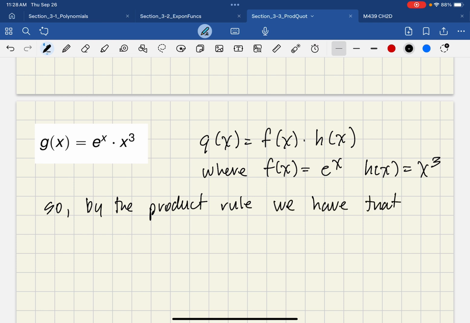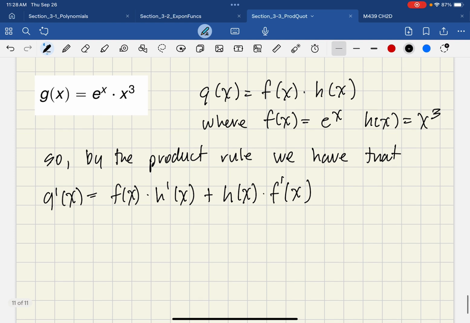that g prime of x is going to be the first, so that'll be f of x times the derivative of the second, h prime of x, plus the second, h of x, times the derivative of the first, f prime of x. So there's the product rule at play.